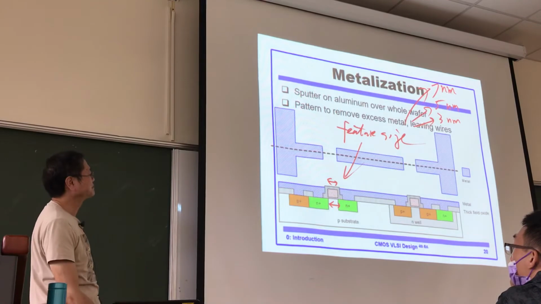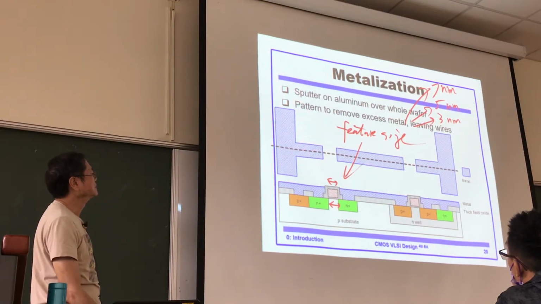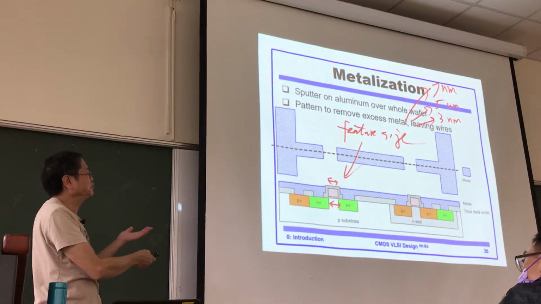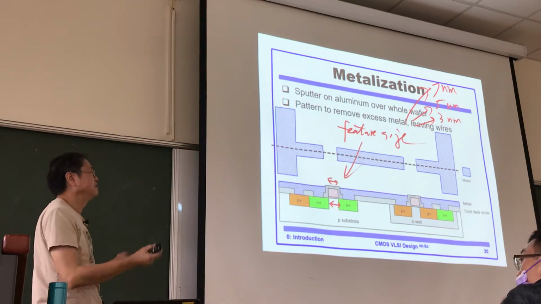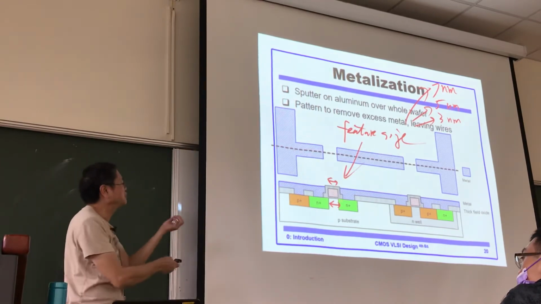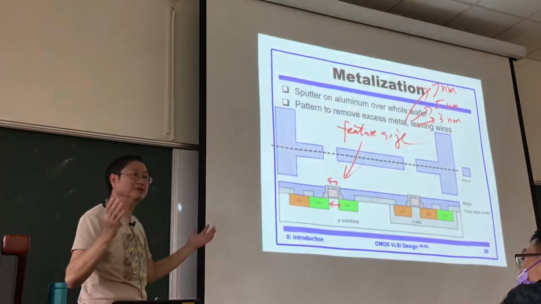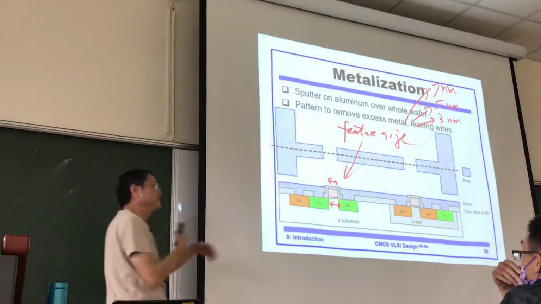Now, if you want to make a transistor larger than the minimum size, no problem. If you can make such a small transistor, of course you are able to manufacture larger transistors. However, the opposite is not true.